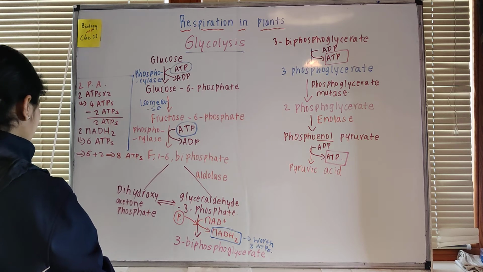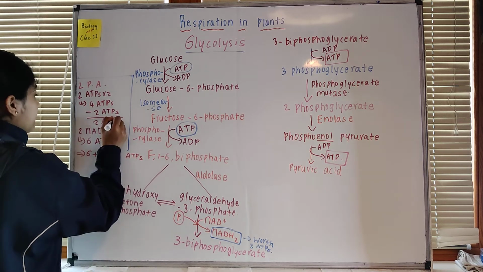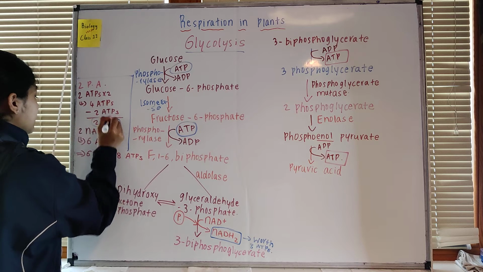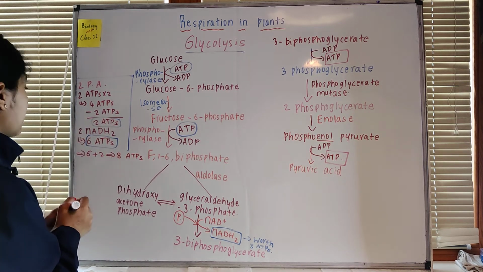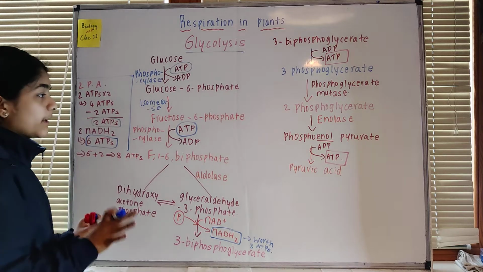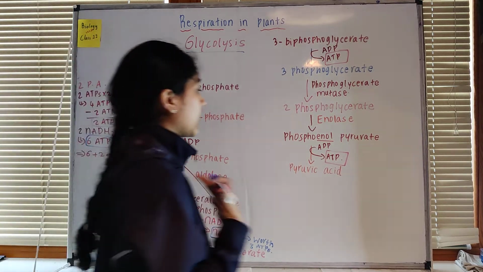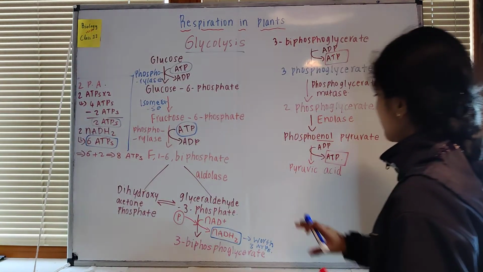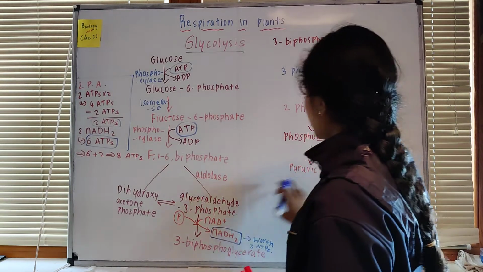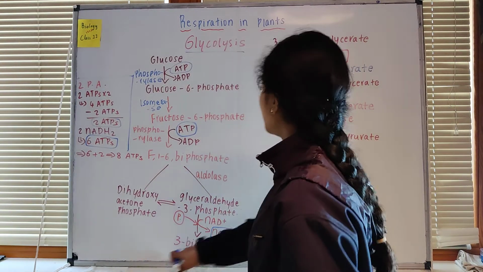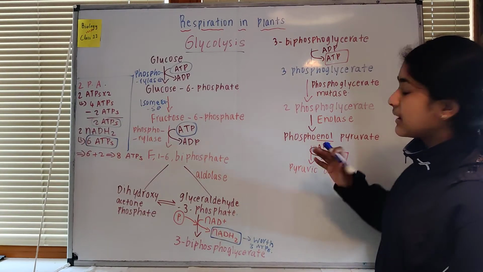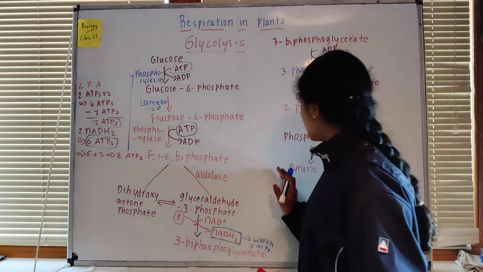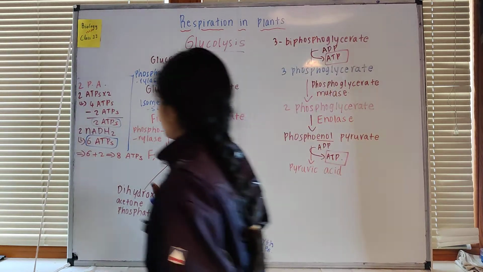So let's circle the ones that we have added here. We have added 2 ATPs and 6 ATPs. Let's go over it again. First, we have 2 pyruvic acids. We are just calculating how many pyruvic acids we have at the end. We have 2 pyruvic acids, one here and one here. This reaction happens twice, so we are left with 2 pyruvic acids.